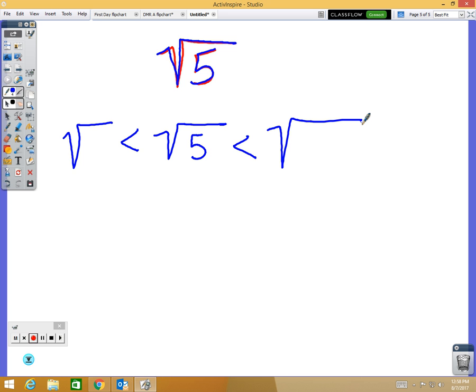So we're thinking about what's going to go into there. And think about, would you say it's a little bit more than blank, or it's almost blank? Instead of almost, we could always say it's a little bit less. It's a little bit more than blank, or it's a little bit less than blank. Which one?